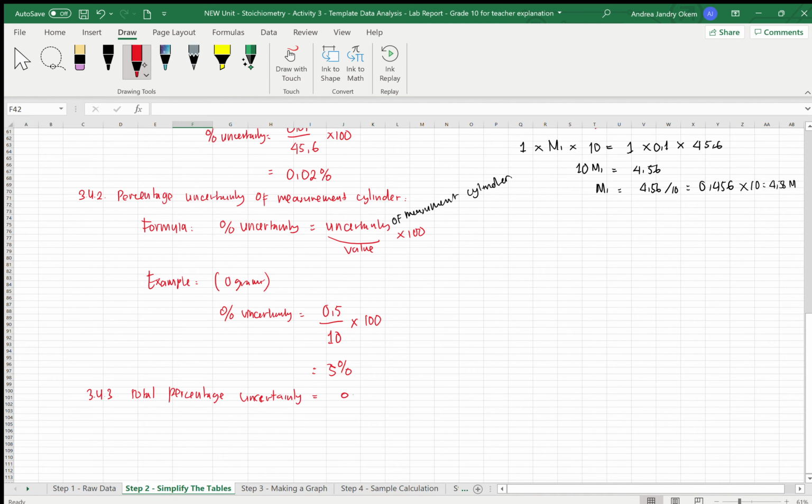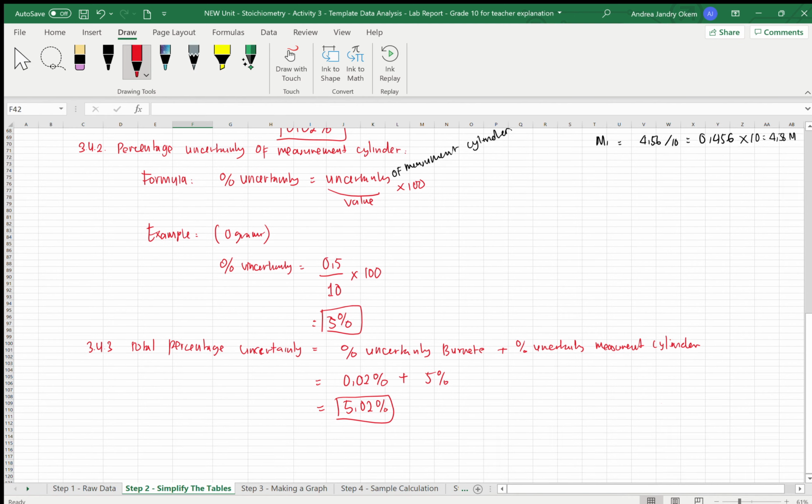So we put the percentage uncertainty from the Buret, and then we add the percentage uncertainty from the measurement cylinder. So 0.02% from here, and then we add the 5% from here, and the result is 5.02%. That's the total percentage uncertainty.